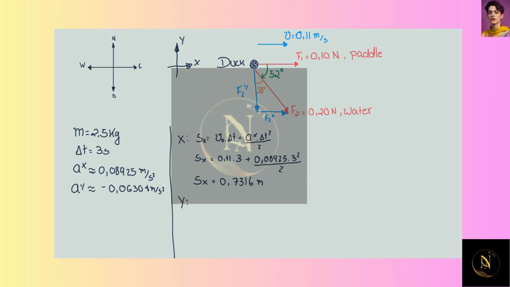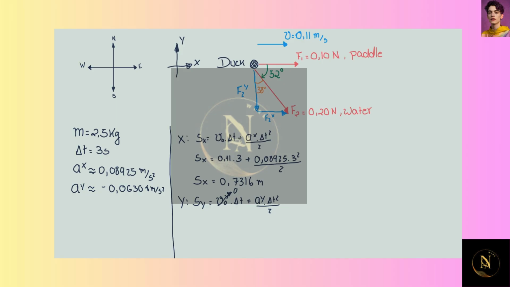For the y direction, the y displacement is given by its initial velocity in the y direction times the interval of time plus its y acceleration times the interval of time squared divided by 2. Its initial velocity in the y direction is equal to 0 because it's not moving in that direction at all. V points to the right only.